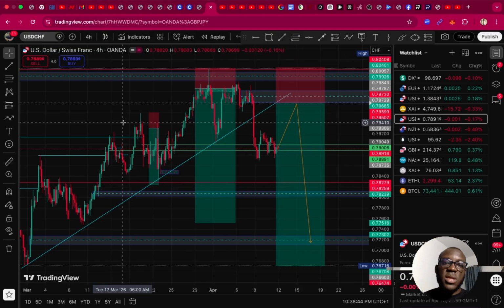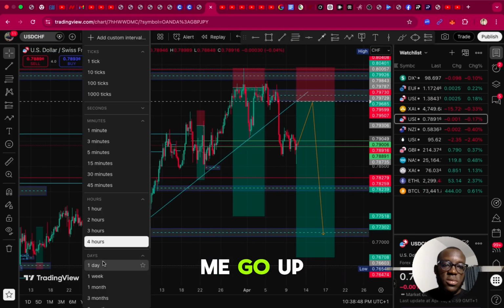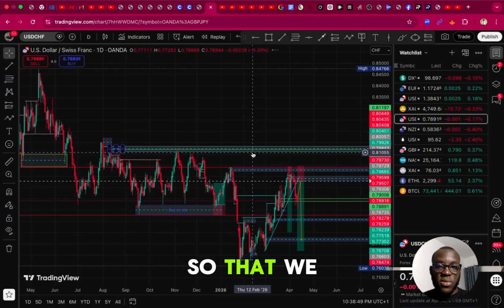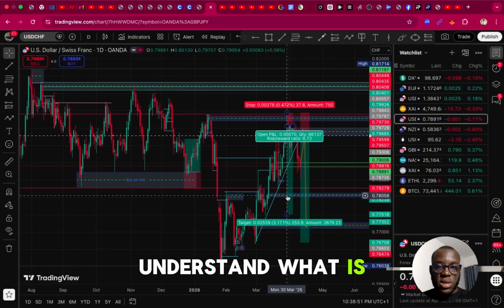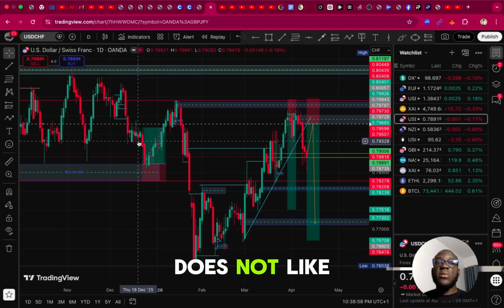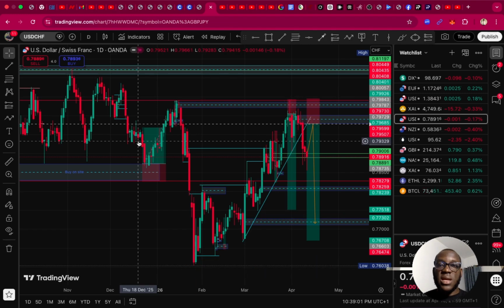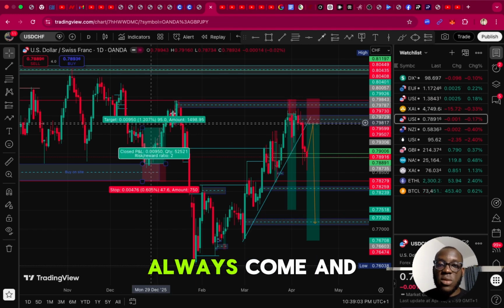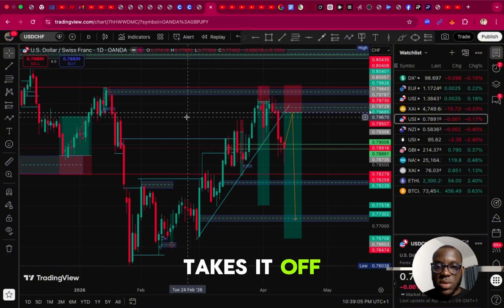Let me go up to the daily time frame so that we understand what is happening. Here we have equal highs, and the market does not like where there is an equal high, so it always comes and takes it off.